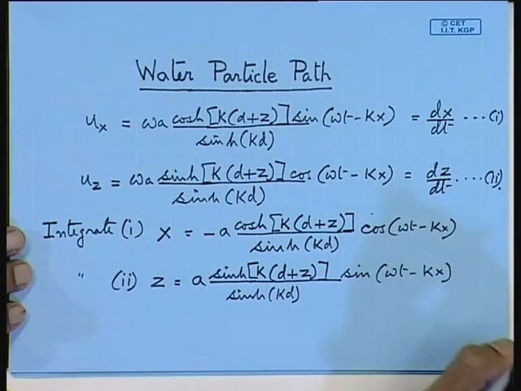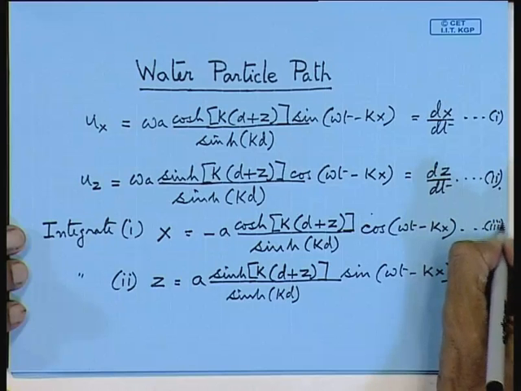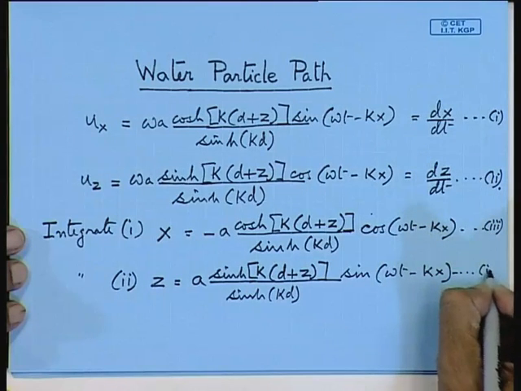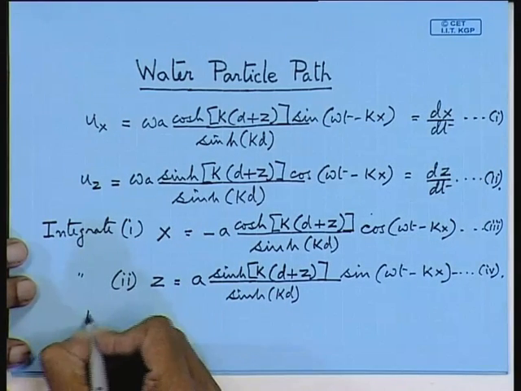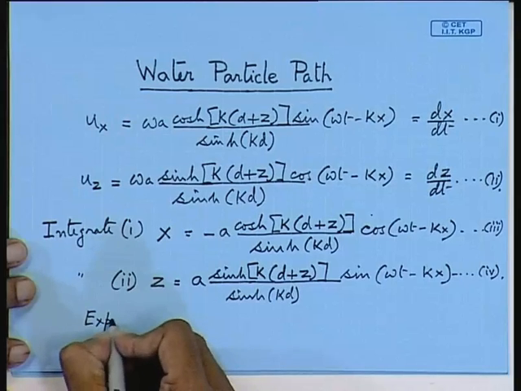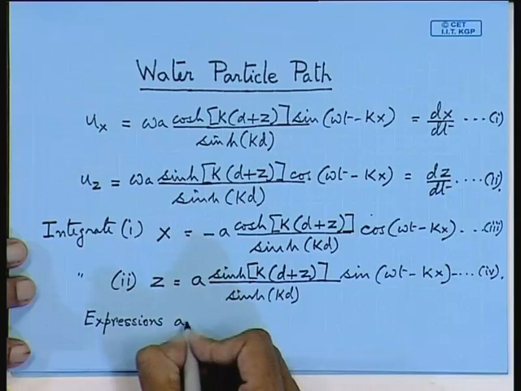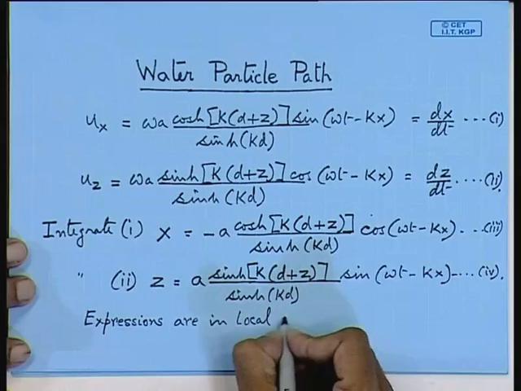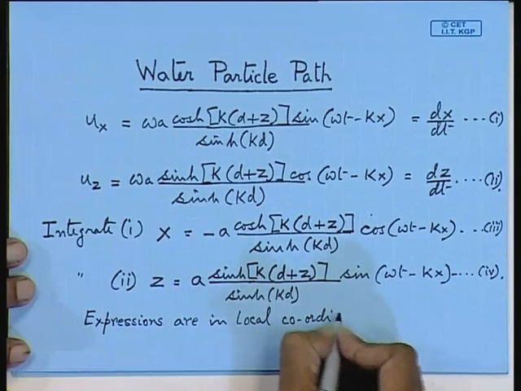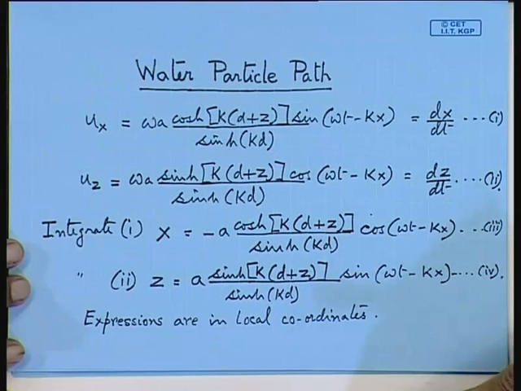So, this is your expression for x and z. Now, you find out the path. Now, all these expressions are in local coordinates, not global. Now, you can find out the path.